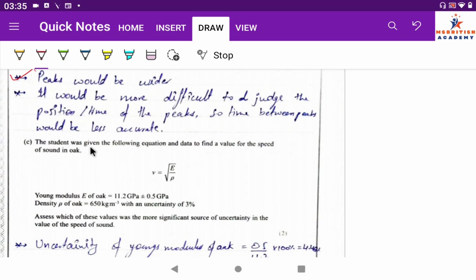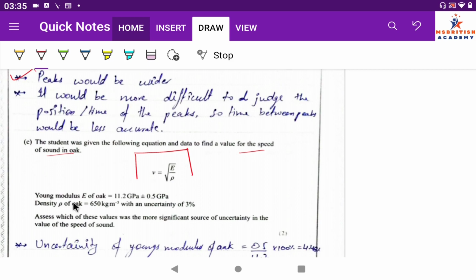The student was given the following equation and data to find a value for the speed of sound in oak. The formula is v equals the square root of E divided by rho. E, the Young modulus of oak, is 11.2 gigapascal plus or minus 0.5 gigapascal.